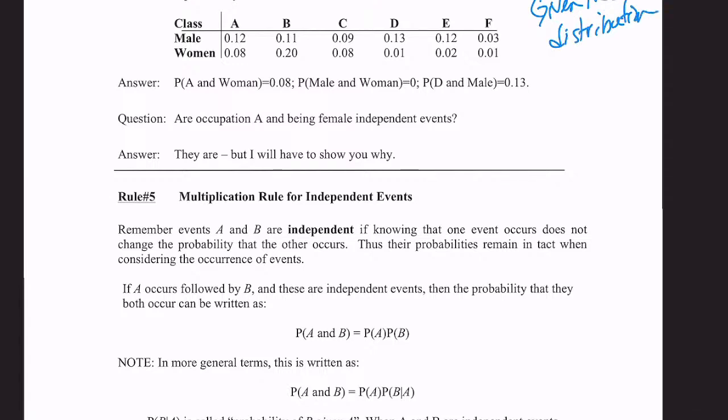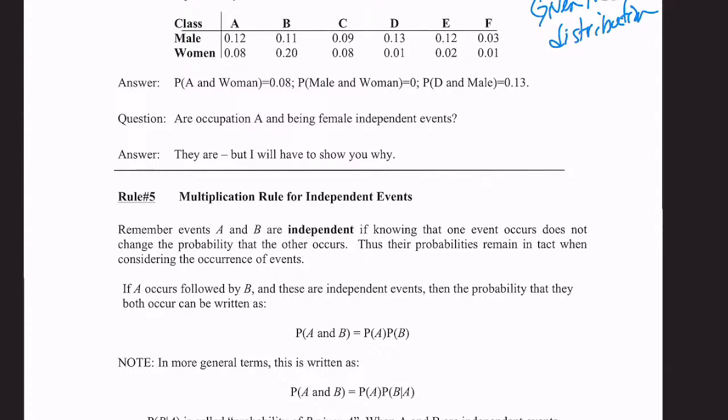And you had to bet on the occupation class of the next person that will come in the room.